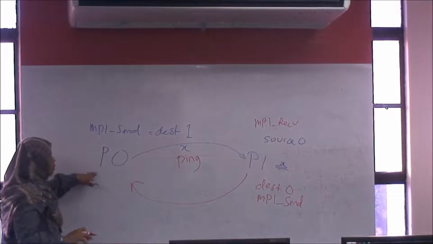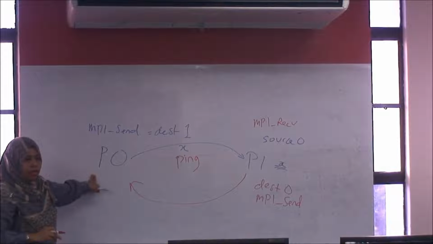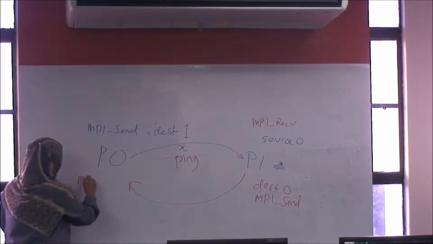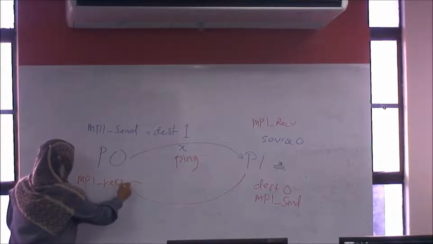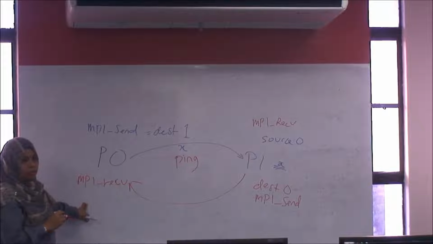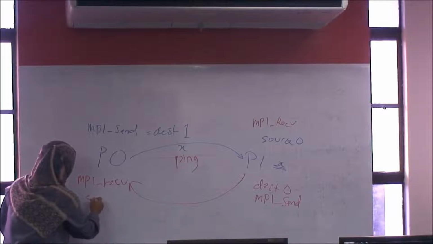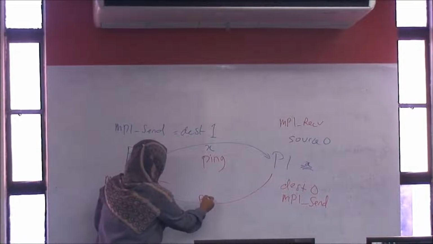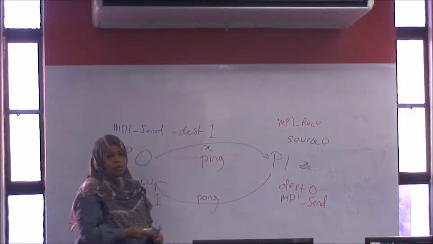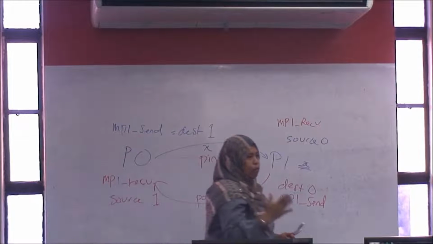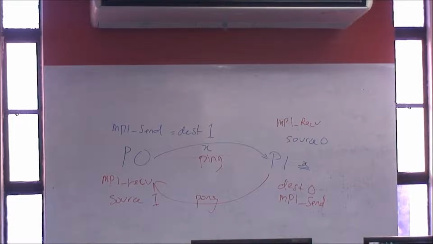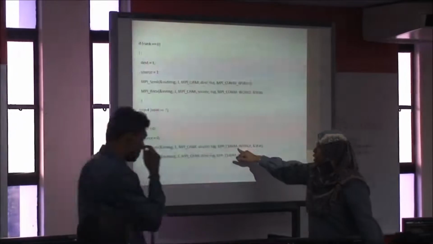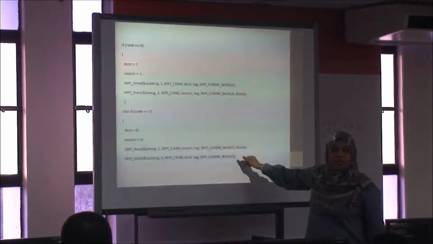Then again, to receive that message from processor 1, processor 0 needs to call MPI receive, and the source is 1. Then it completes the ping and pong. This is what we call point-to-point communication. What you have to remember is how to arrange the arguments inside this bracket. That's all.